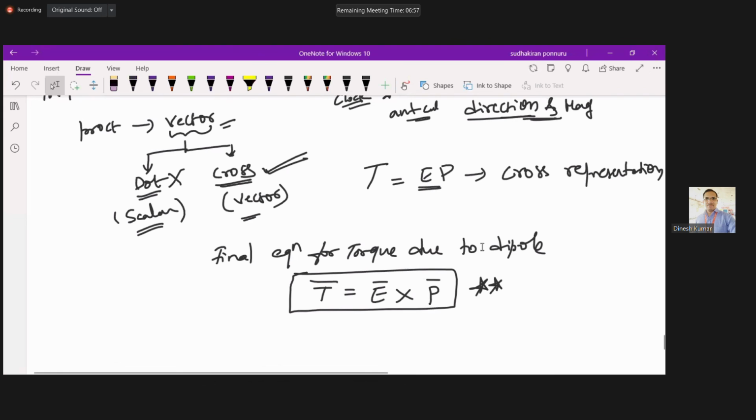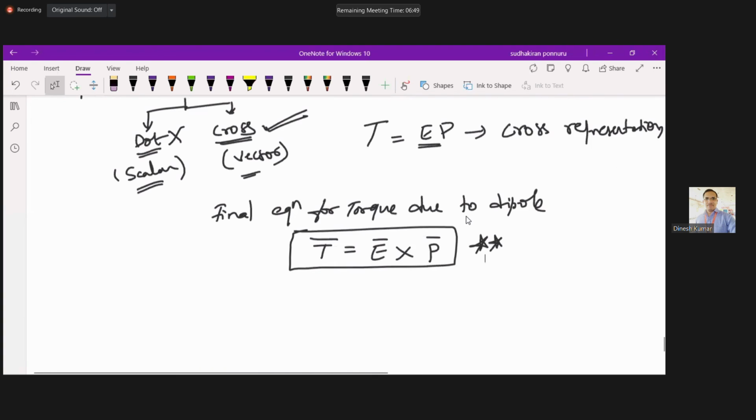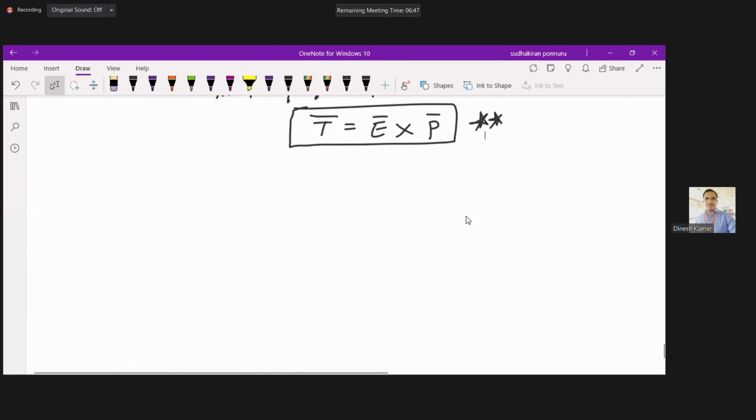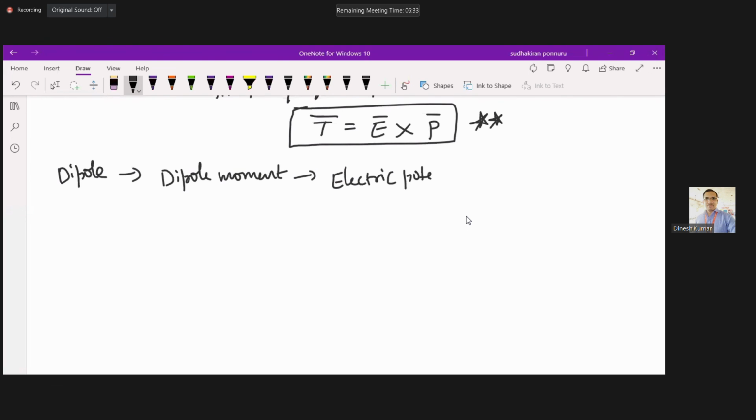Okay, so these are all the concepts regarding the dipole. Just recollecting, we have seen what is meant by dipole, then the dipole moment, after that we calculated the electric potential, later the electric field intensity, and finally the torque due to dipole.